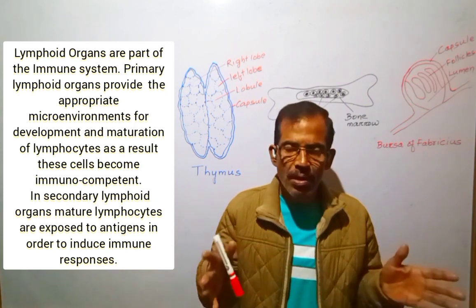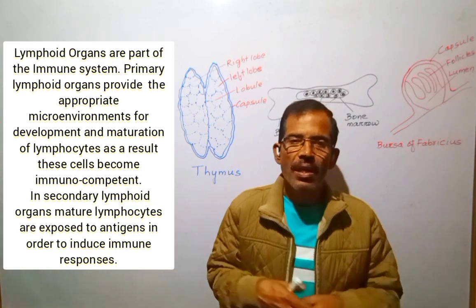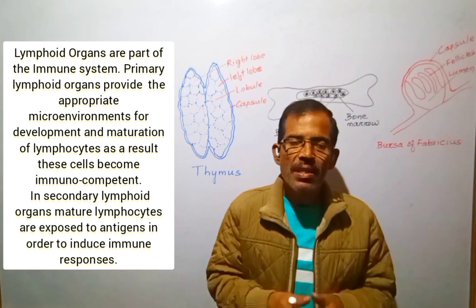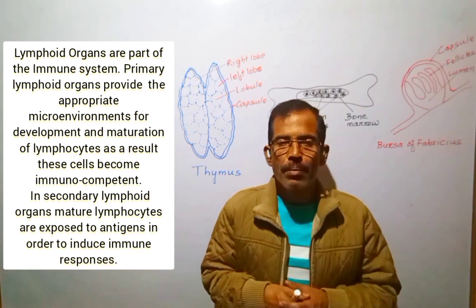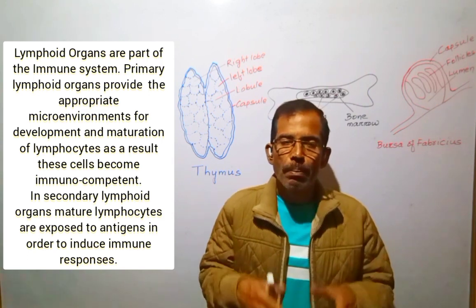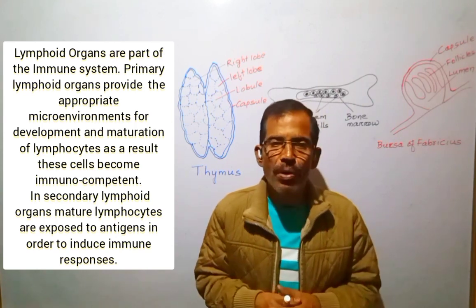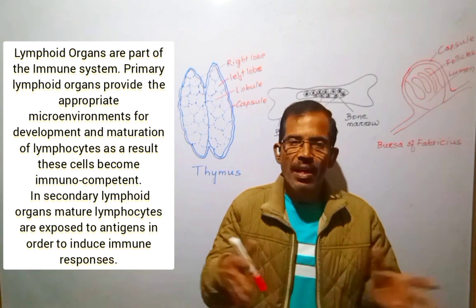and maturation of lymphocytes. In these organs, the lymphoid stem cells proliferate, differentiate and mature to become immunocompetent. The mature lymphocytes of primary lymphoid organs migrate through blood and lymph into the secondary lymphoid organs where they are exposed to different antigens.